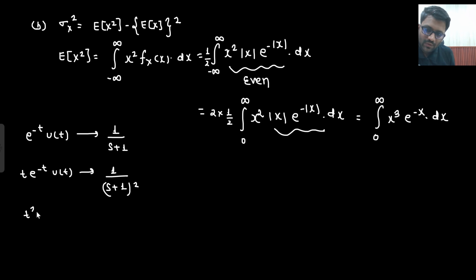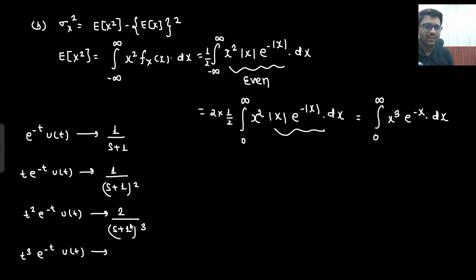What was the Laplace transform of t square e to the power minus t u(t)? That was 2 upon s plus 1 whole cube. And what was the Laplace transform of this particular thing? Basically, you just need to differentiate and then add a negative sign. So 6 upon s plus 1 to the power 4. Right?